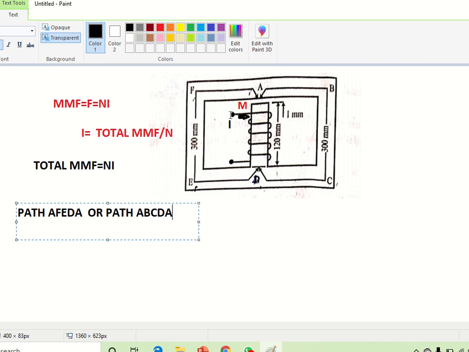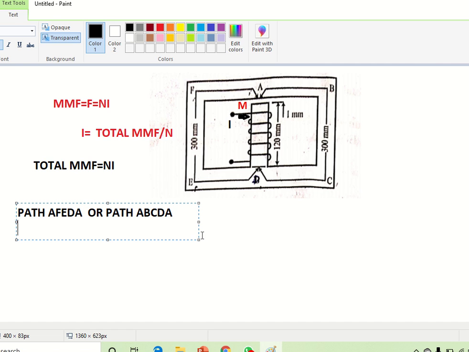And the important thing is in each path there should be NI. If you are taking this path, NI is included. If you are taking this path also, NI is included.